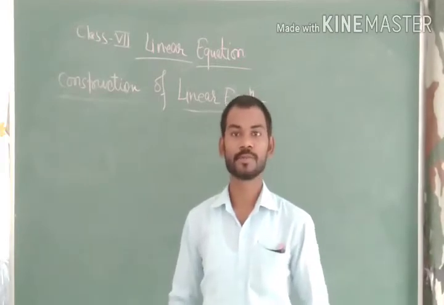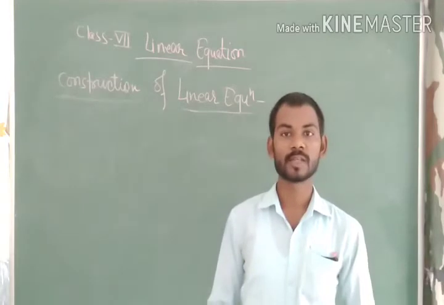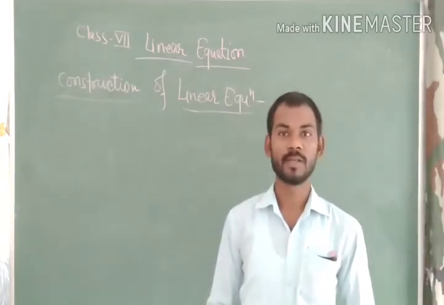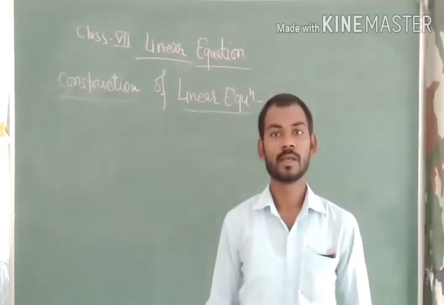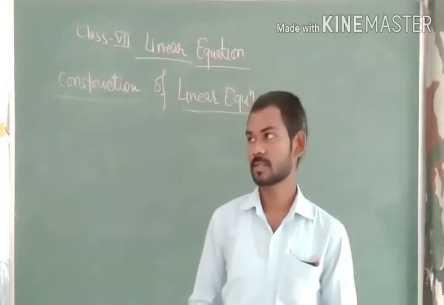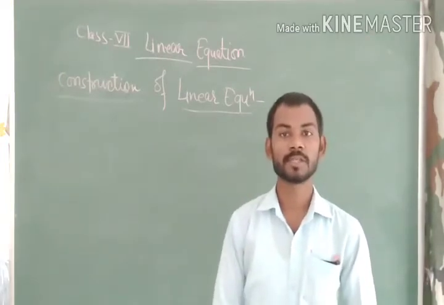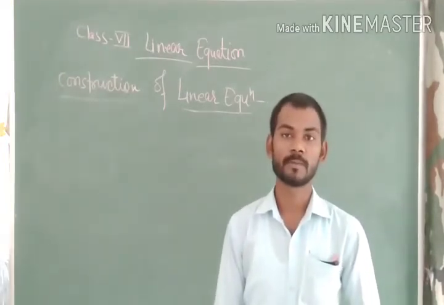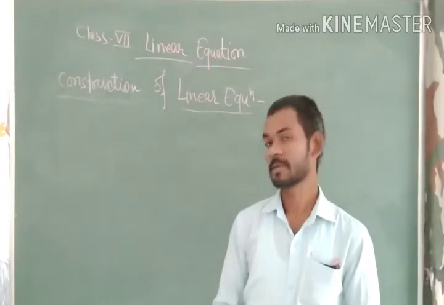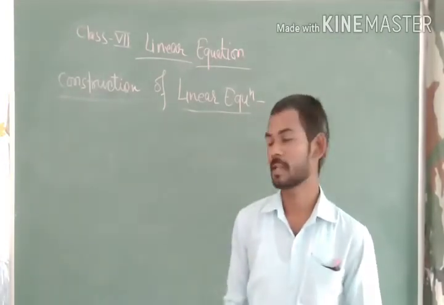In the last videos we have discussed various methods to solve linear equation in one variable, and also we solved many types of questions. Now let us start the construction of linear equation by a given value of the variable. Just suppose that the value of some variable is given.